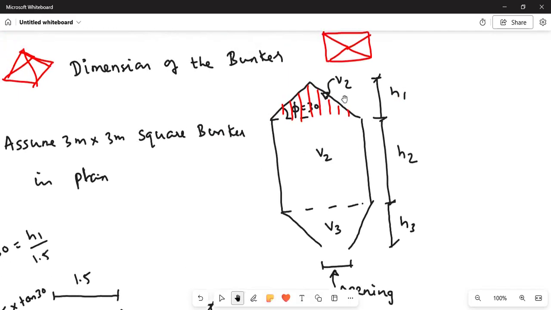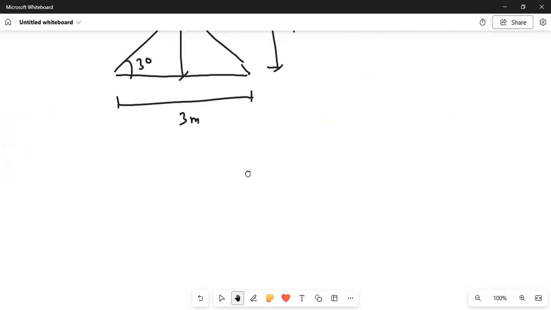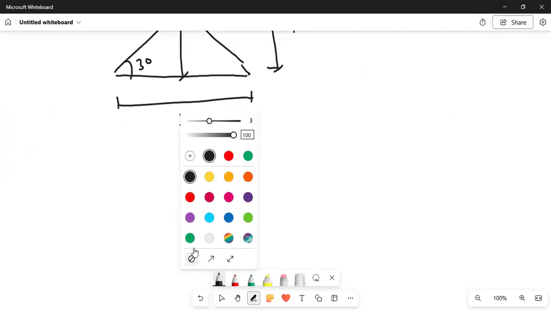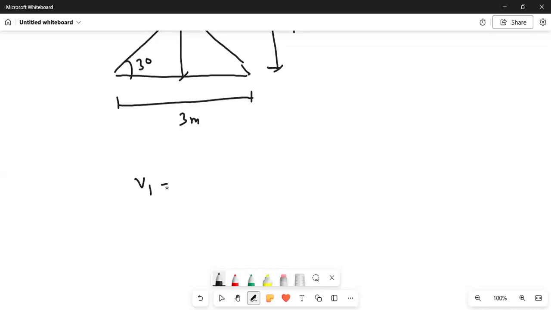So first we will find V1, because we know the height H1, and we also know the base dimension, 3 meter by 3 meter. V1 equals 1 by 3 into 3 into 3 into the height H1, which is 0.87.